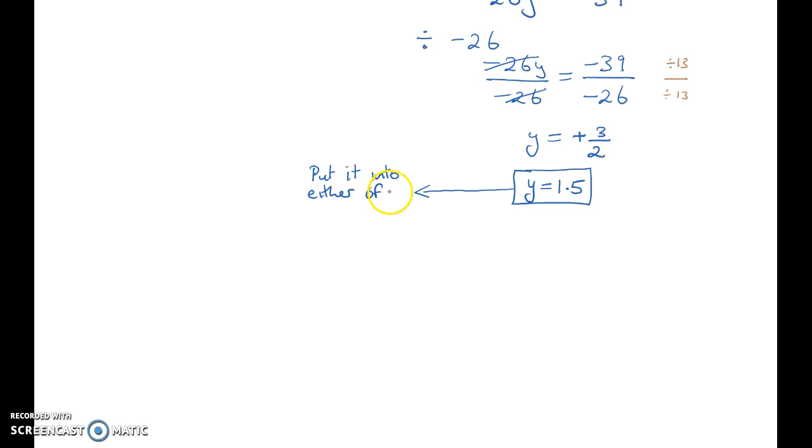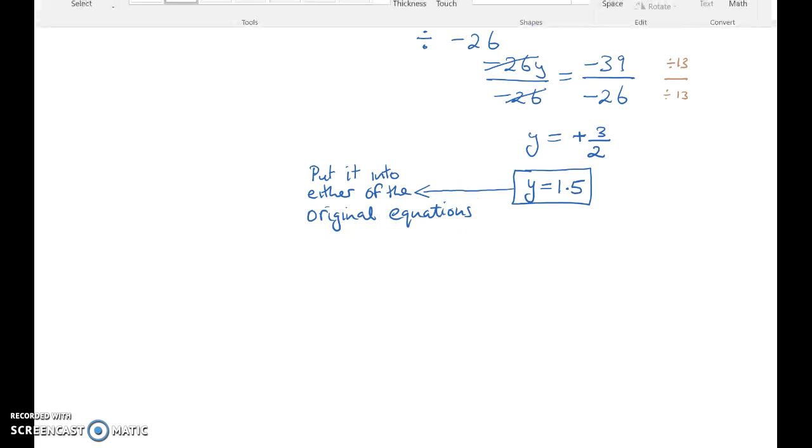I beg your pardon for the interference on the intercom. Put it into either of the original equations.